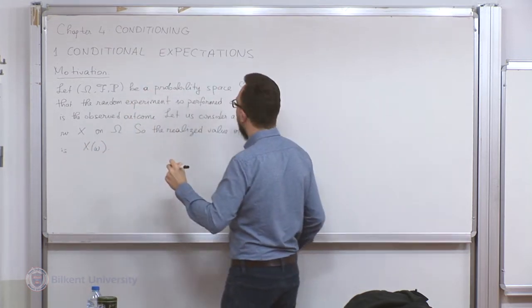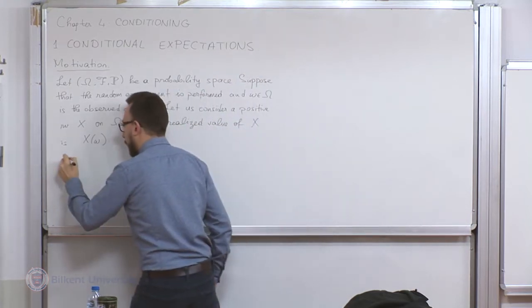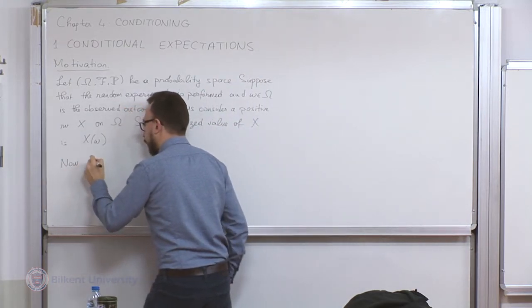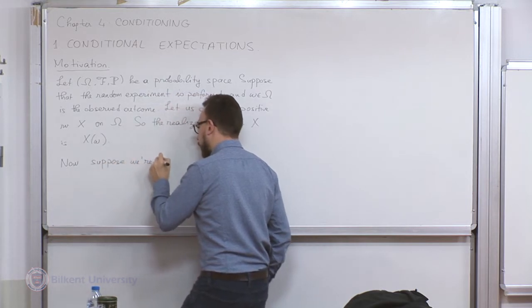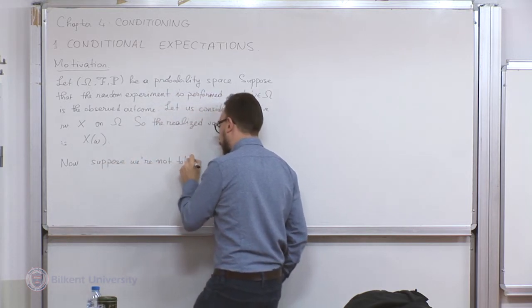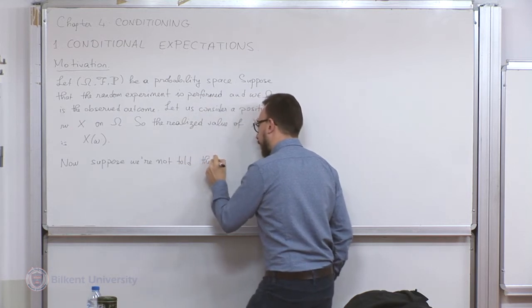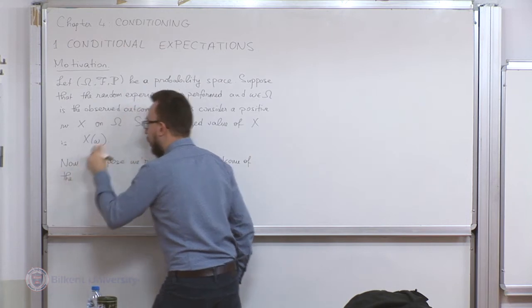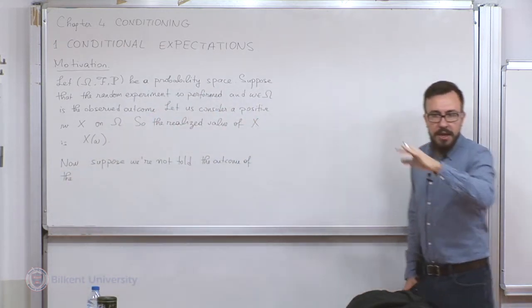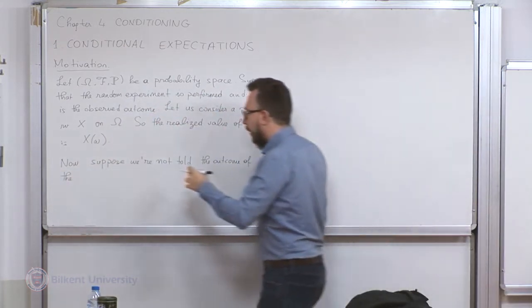Okay. So now suppose we are not told the outcome of the experiment. So somebody performed the experiment, but they did not tell us. So we have no idea.